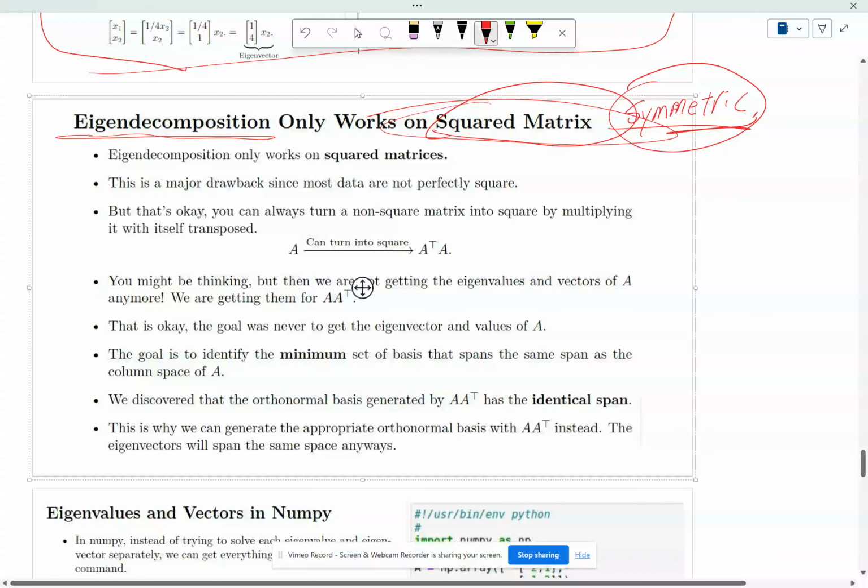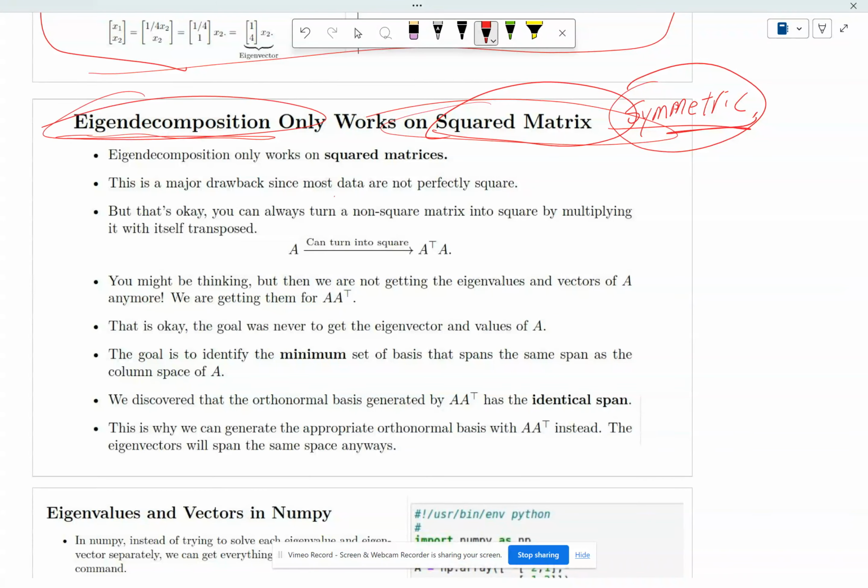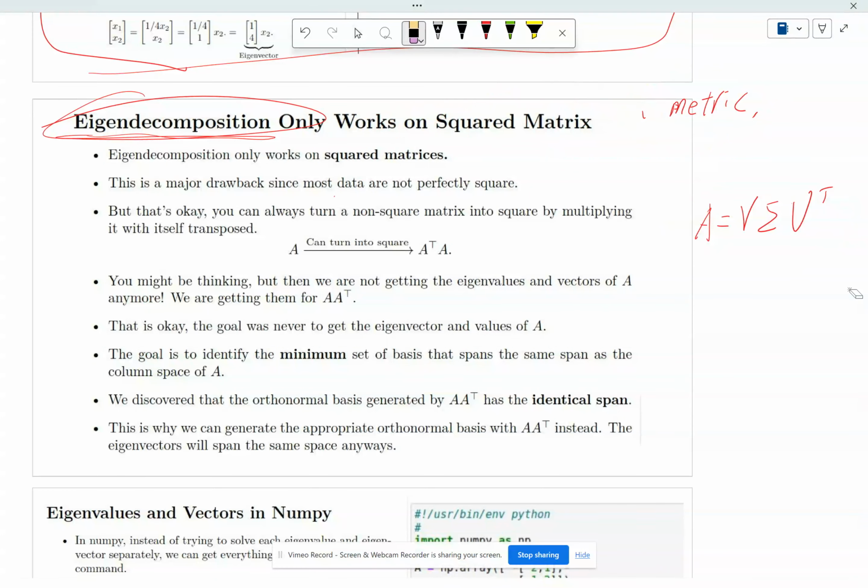I said that eigen decomposition is when A is equal to V sigma V transpose, right? And this only works on square and symmetric matrices.